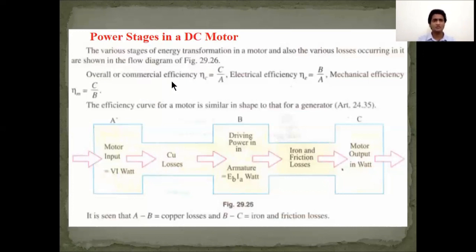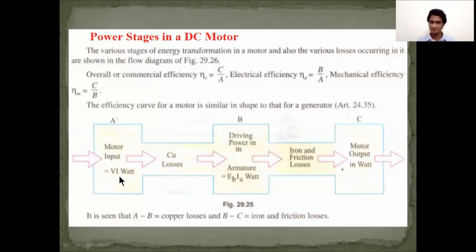And here also we have three types of efficiencies: commercial efficiency, electrical efficiency, and mechanical efficiency. Commercial efficiency equals C by A. C by A means motor output by motor input. That is the final output from my motor to the main input to the motor. That is motor output in watts divided by VI gives the commercial efficiency.